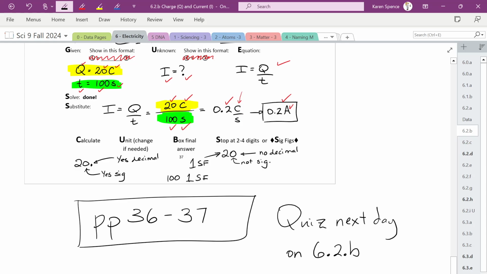You can make yourself a cheat sheet if you want to, or you can just rely on the purple sheet as a cheat sheet. Okay?